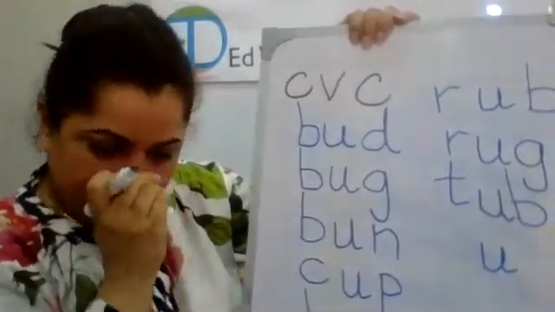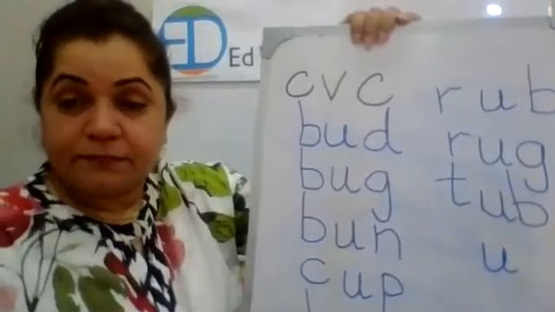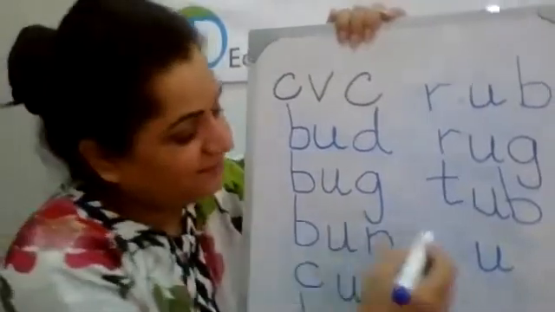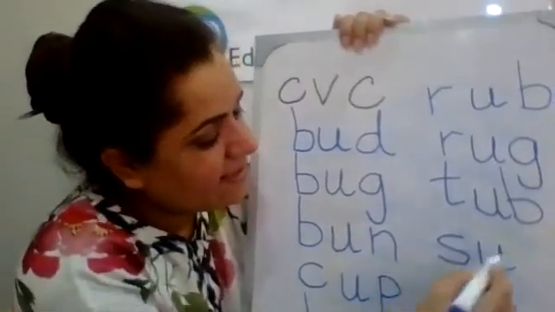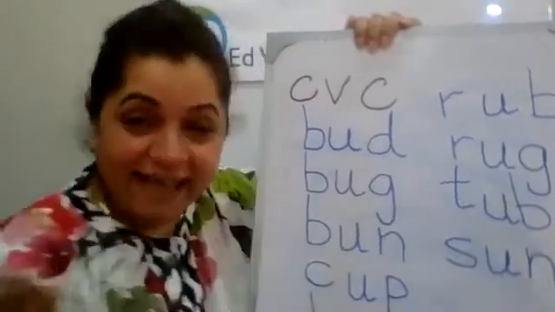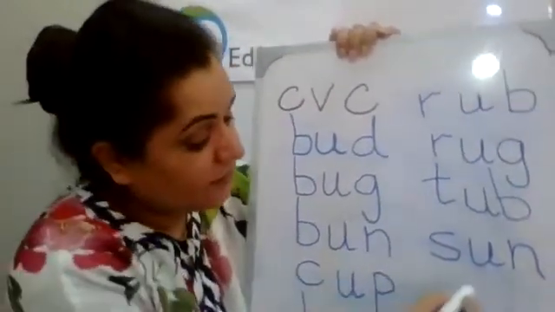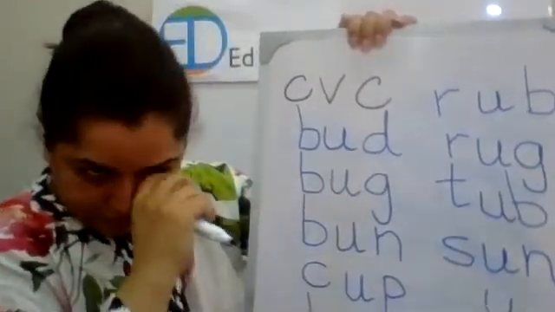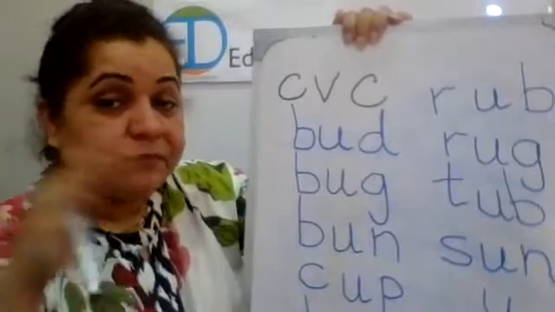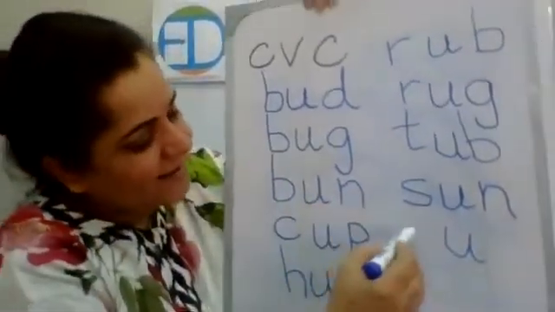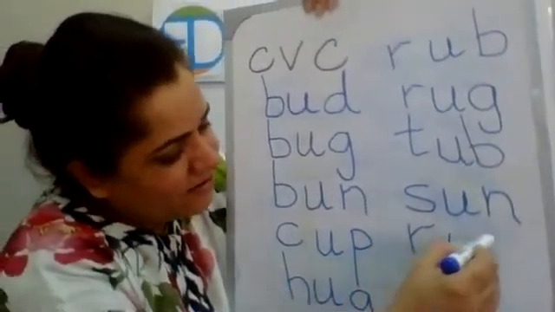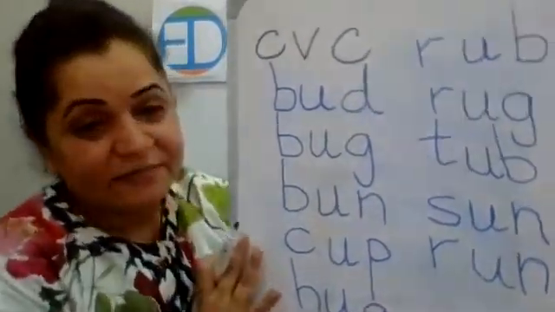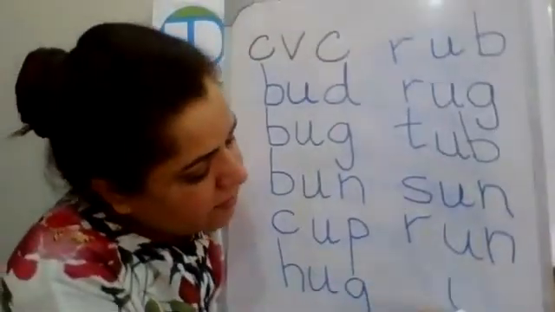Tub, and what you can see in the sky these days, S-U-N. Yes, sun. Very good. Another, something rhyming with sun. Yes, R-U-N. Run. Yes. Okay, we'll make one more here.